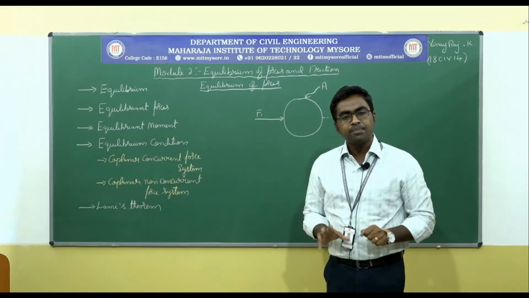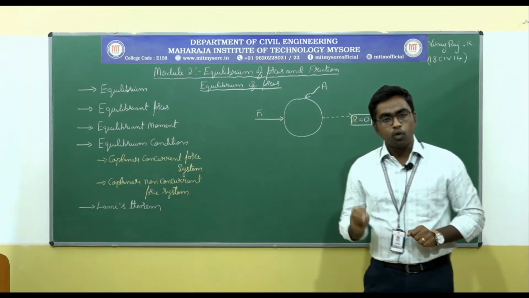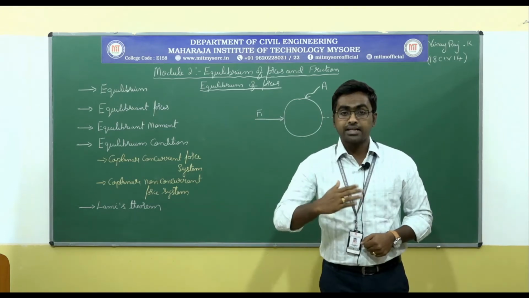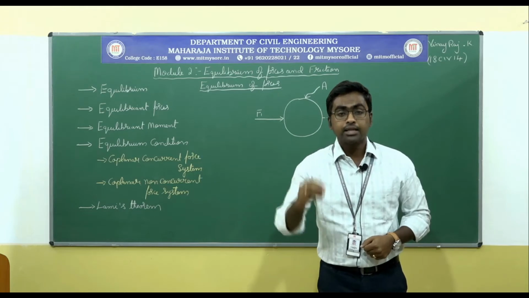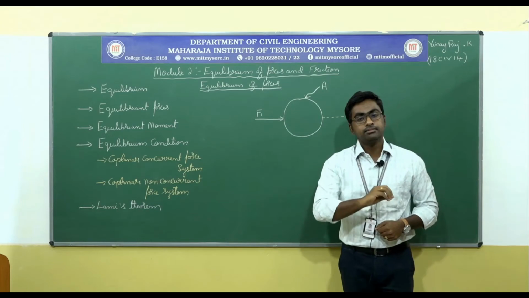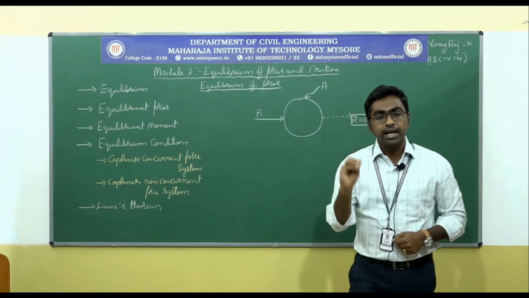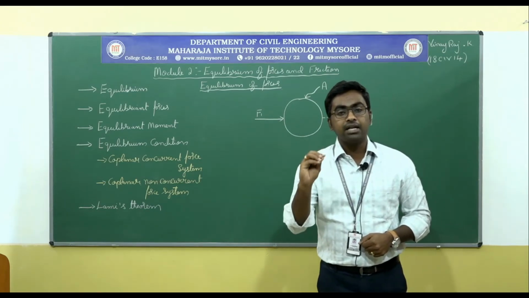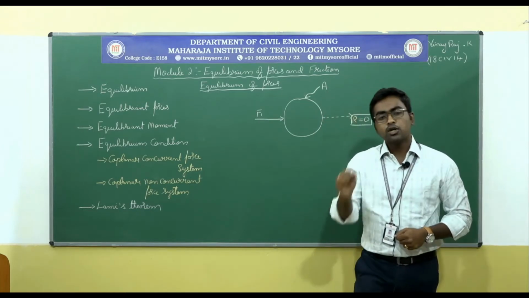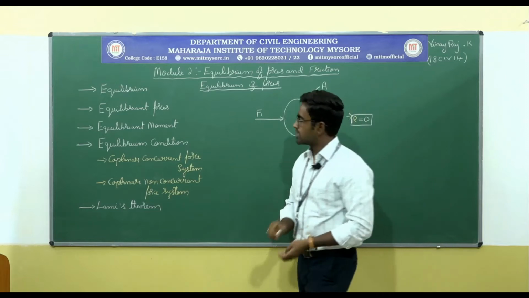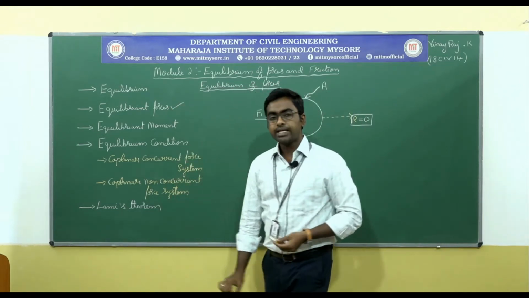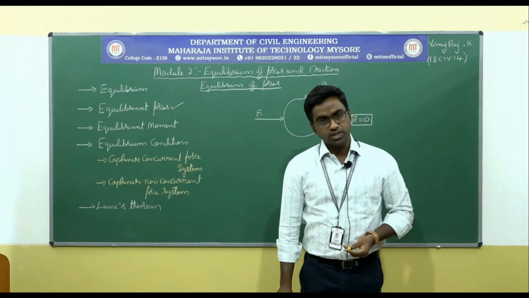Equilibrium is nothing but, even after applying a force on the body, if the body doesn't move, if the body is still in a state of rest, then you can say the body is in equilibrium. And always when the system is in equilibrium, the resultant will be equal to 0. Understood? Right? So let us move to the next concept, and that is called equilibriant or equilibriant force.